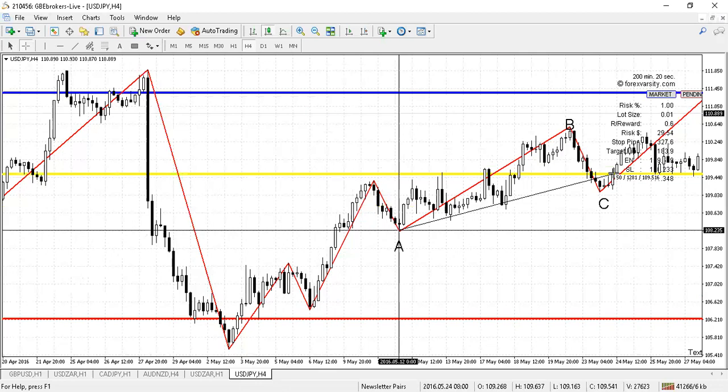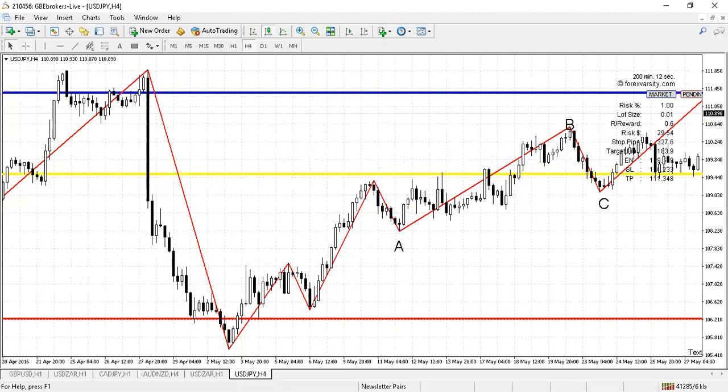That's the total distance. And what we do is we take 40% of that distance. So we take the number 128, get a little calculator, and you times that by 0.4. And that will give us 51 pips.